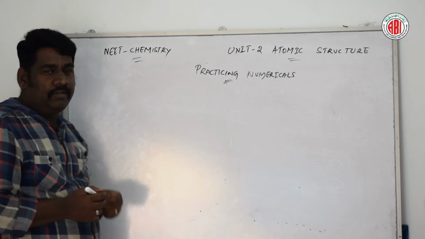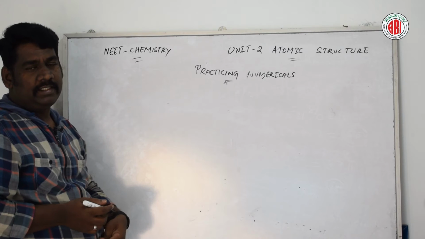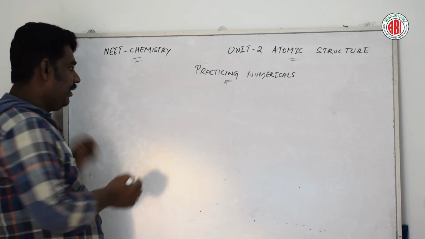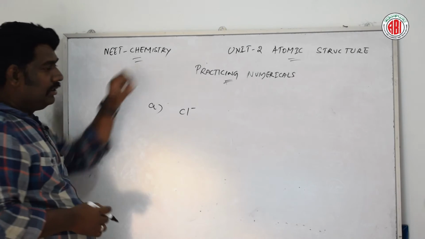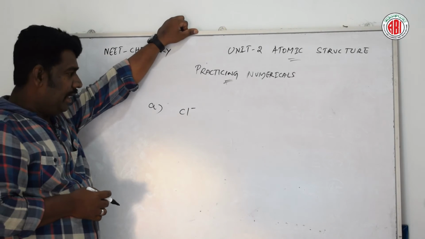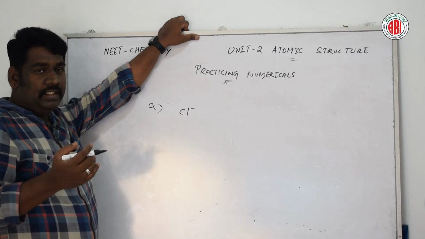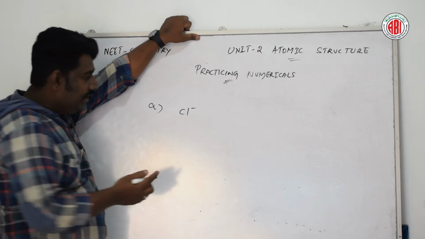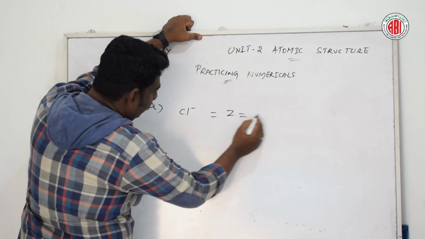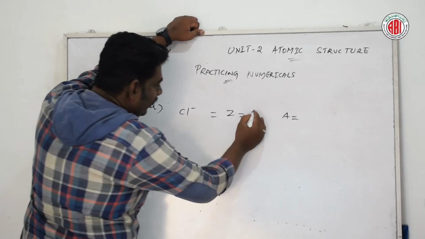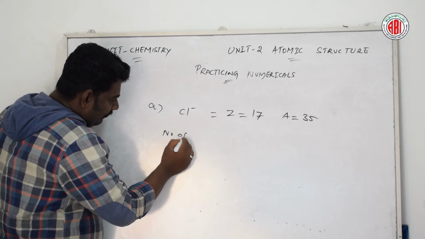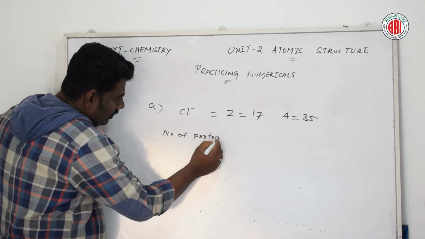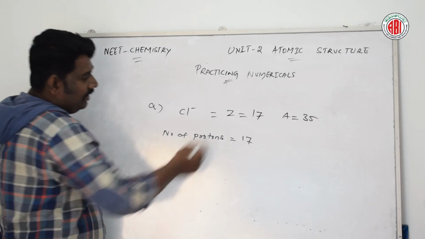First let us find out the number of protons, electrons and neutrons for the chloride ion. Answer A, Cl minus. The chloride ion has the atomic number and mass number given in the question, that is Z value 17 and mass number 35. Now the number of protons is 17, given.